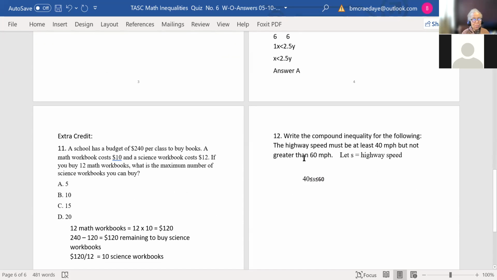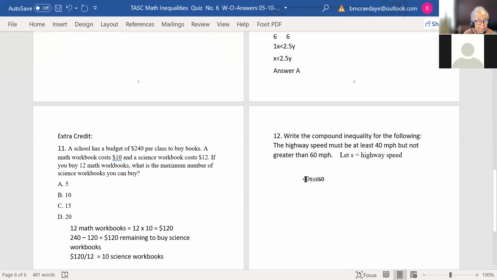Because this is saying if 40 is less than or equal to S, then S has to be greater than or equal to 40. You're right, we put less than, and the way we read this is S greater than or equal to 40, but less than or equal to 60. You follow, Maureen?